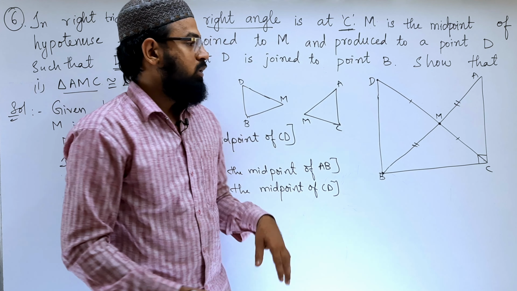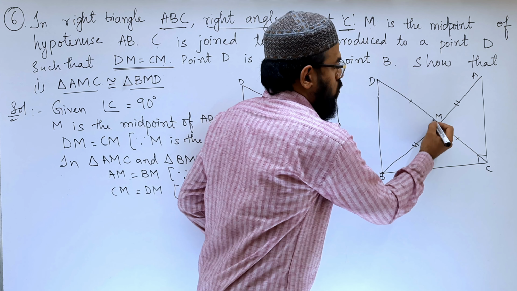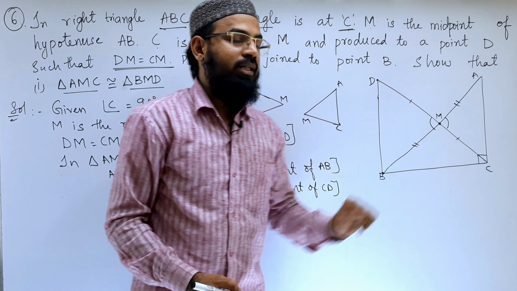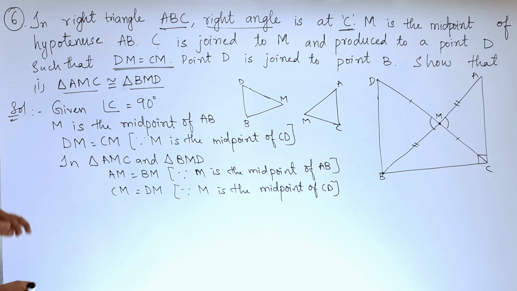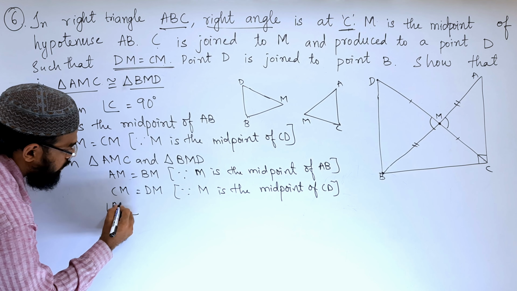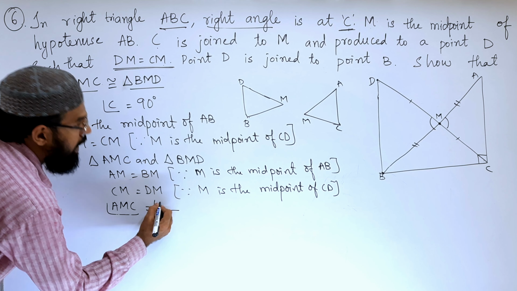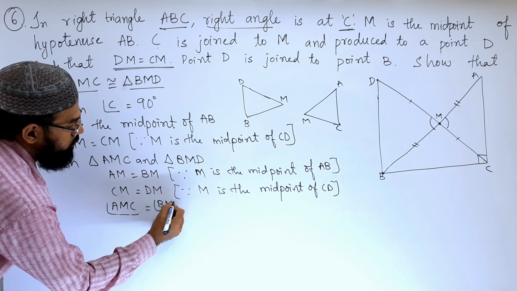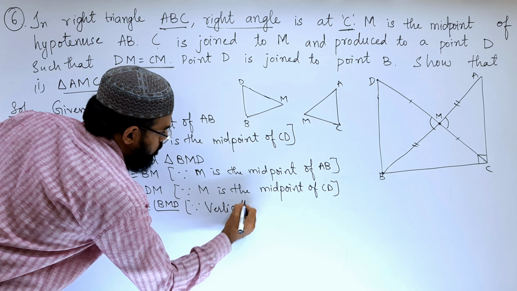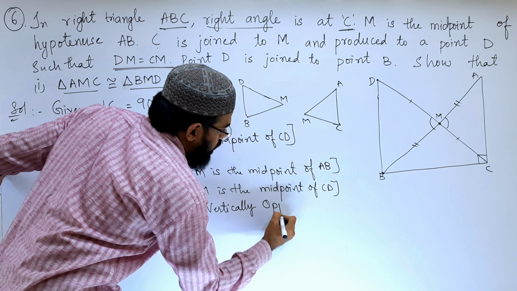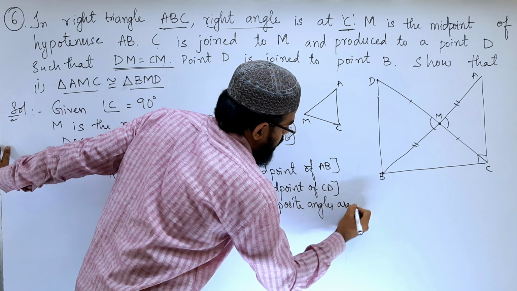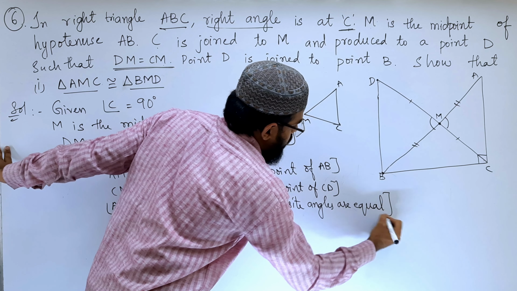Next, we need to show the third part. We know these angles are called vertically opposite angles. So vertically opposite angles are equal. So let us write angle AMC is equal to angle BMD. Why? Because vertically opposite angles are equal.